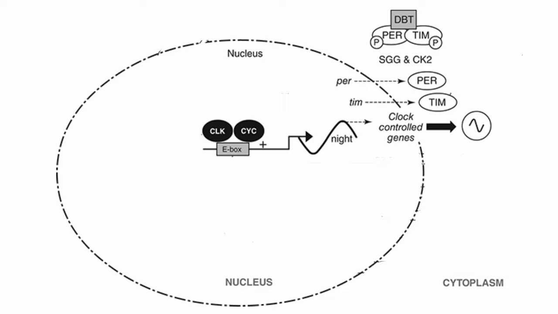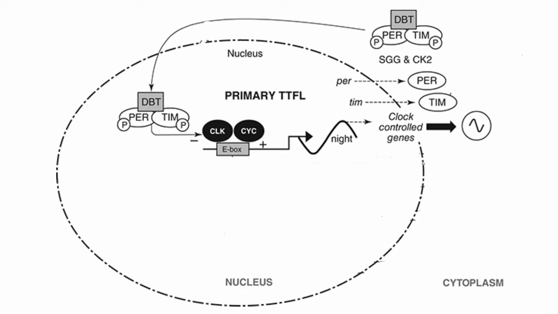Per and tim are phosphorylated by shaggy and casein kinase 2. So what's the significance of the phosphorylation? Well, the phosphorylation allows this protein complex to enter the nucleus. Without it, this complex would be stuck in the cytoplasm and couldn't gain entry to the nucleus.